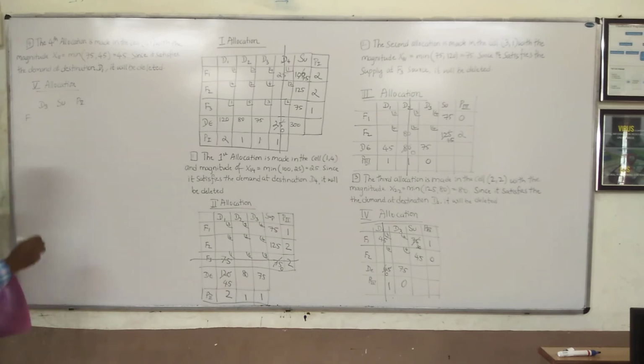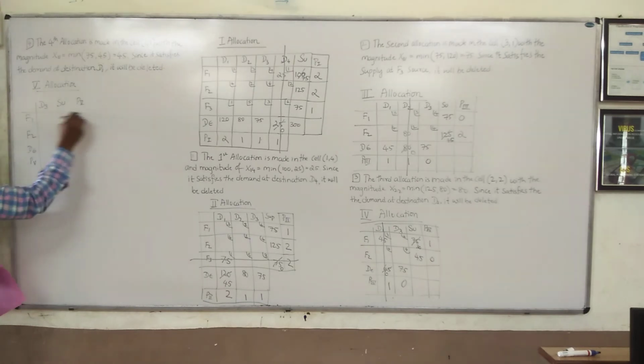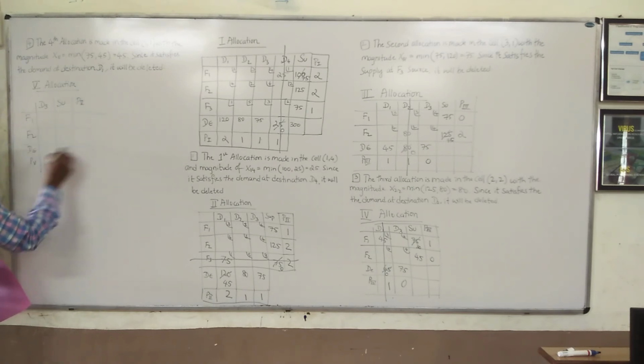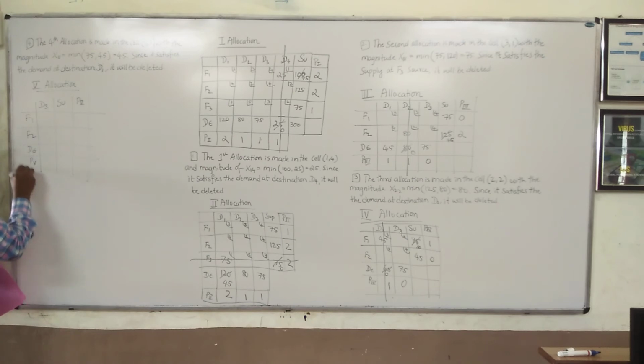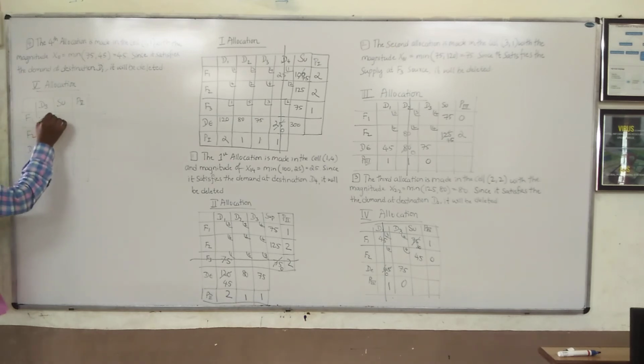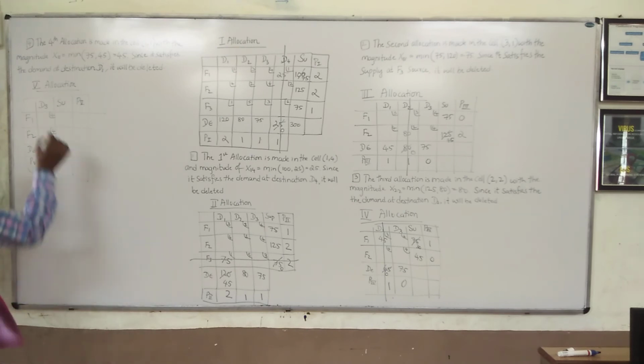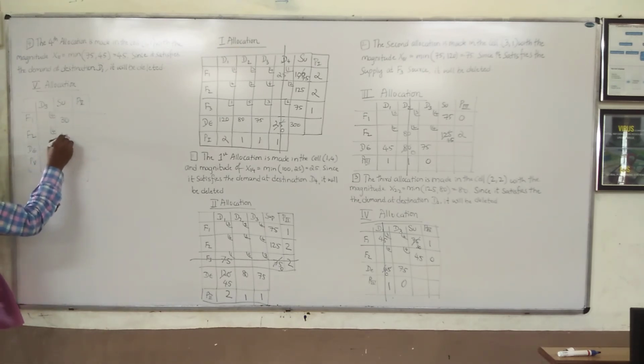Here it is F1 and F2, demand and the penalty P5. These are the remainings. So let me write 4, 4. It is 4 here and here also it is 4. And the supply is 30 here and here it is 45.